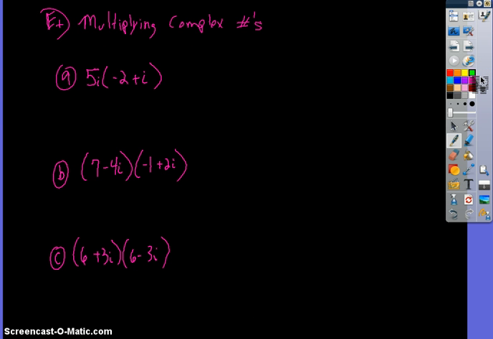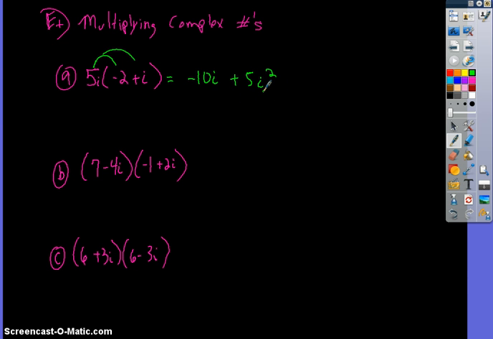All right, so multiplying complex numbers. They work a lot like you think they do as well. For example, 5i distributed into this parentheses would make it negative 10i plus 5i squared, because i times i will give you i squared. Now what we know is i squared has a value. It's a real number.